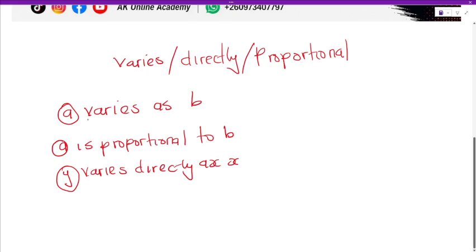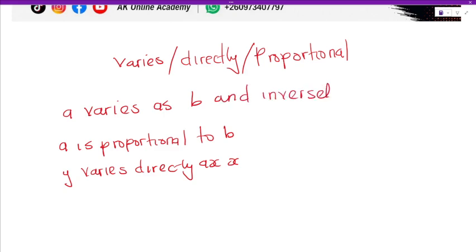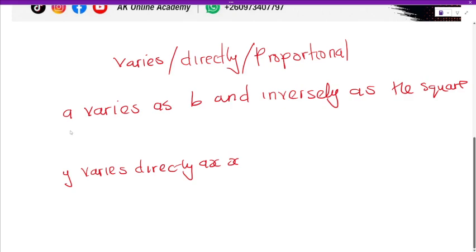Given that A varies as B, and inversely as maybe the square of C.